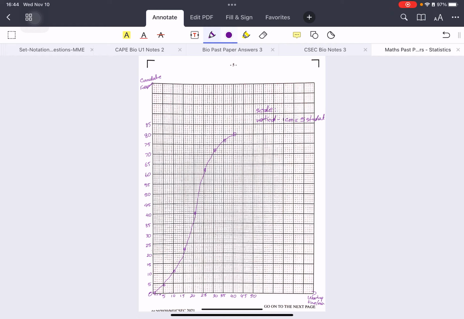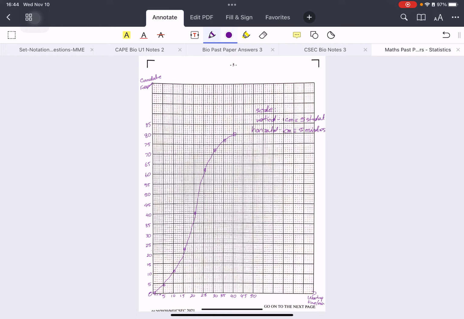Our frequency was in students. Okay, the horizontal, 1 centimeter represents 5 minutes.